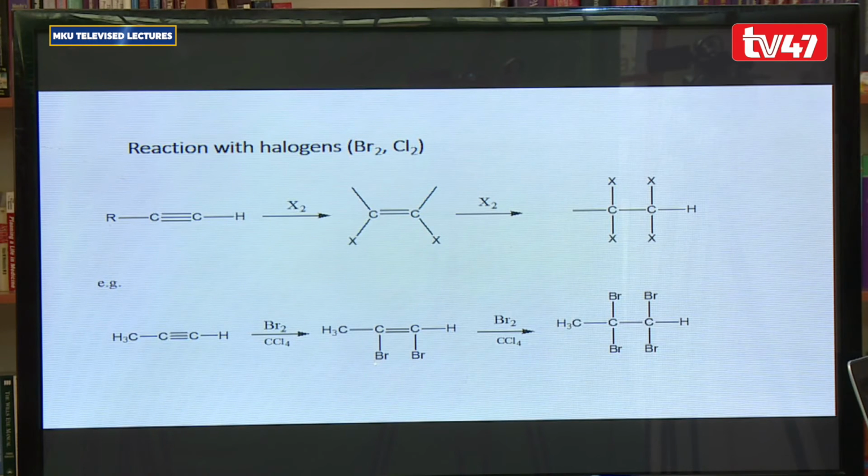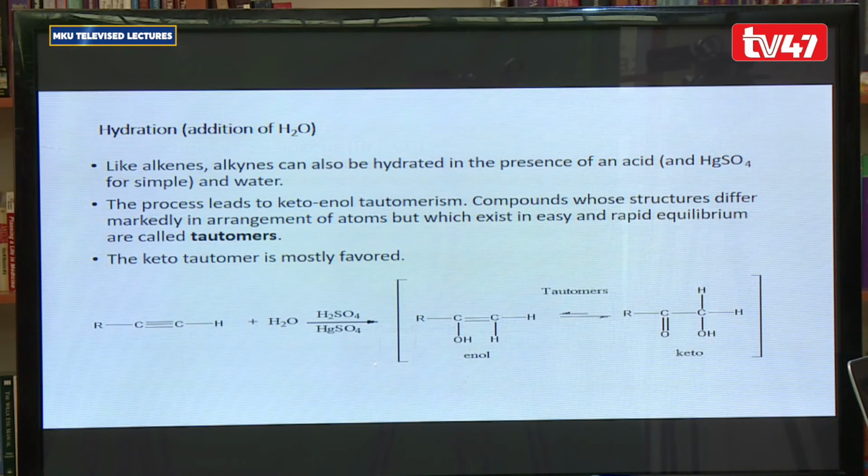And the addition again will take place to break the double bond until you end up with an alkane with 4 atoms of the halogen attached to what would have been the carbon positions of the triple bond. For example, if you're adding bromine, the same can occur in the addition of chlorine.